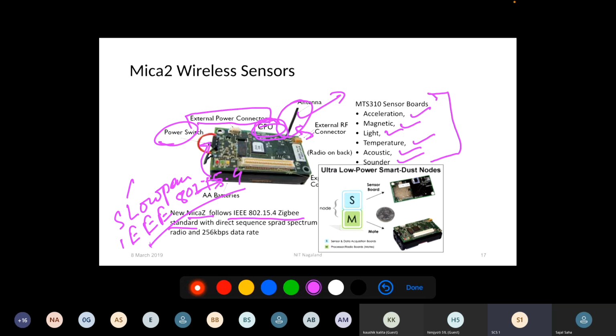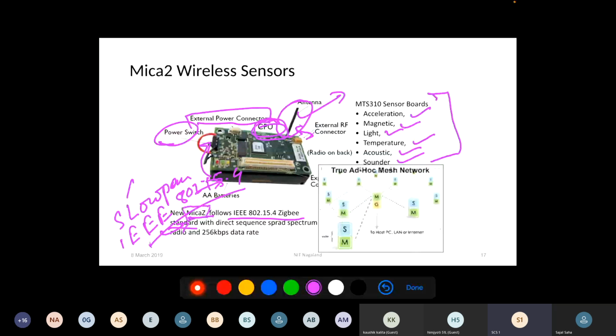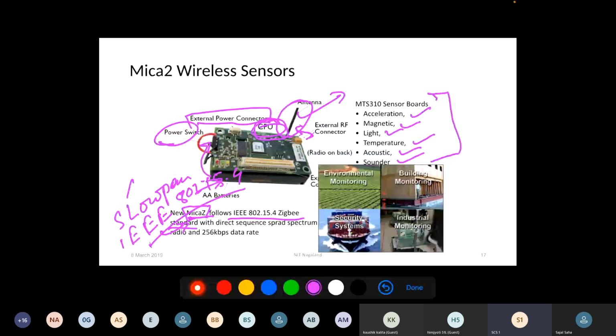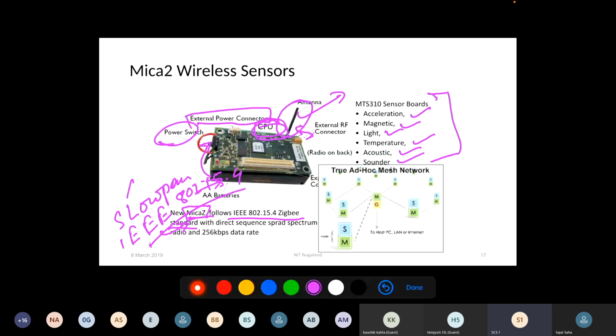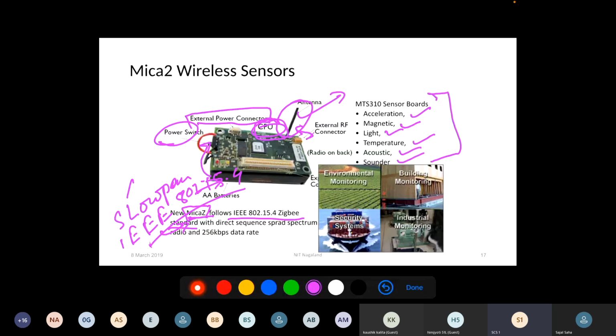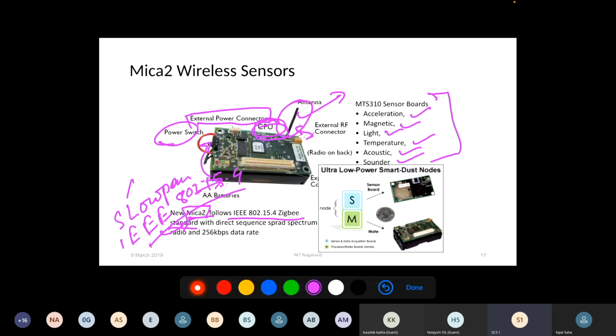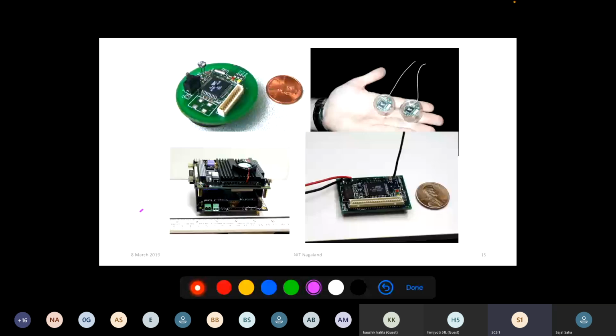Whatever sensor nodes I have told you today and yesterday, out of these, Mica Z is the most robust sensor out of all the sensors. That is why Mica Z size is also a little bit high. If you see the comparison that I have shown to you earlier, can you see the comparison table?